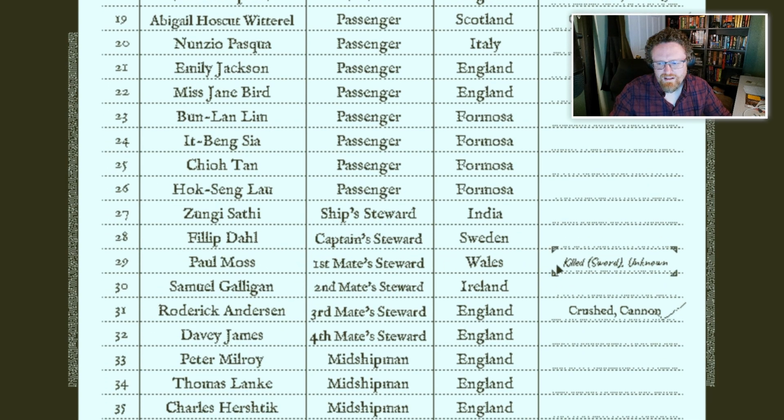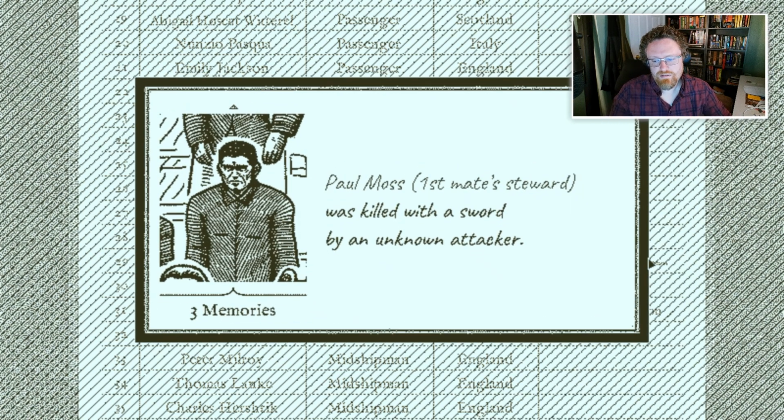Paul Moss from Wales, who was apparently killed with a sword. That's Paul Moss. Or at least I was saying that's Paul Moss. Why did I say that was Paul Moss? Actually, this is written... I can't click this.